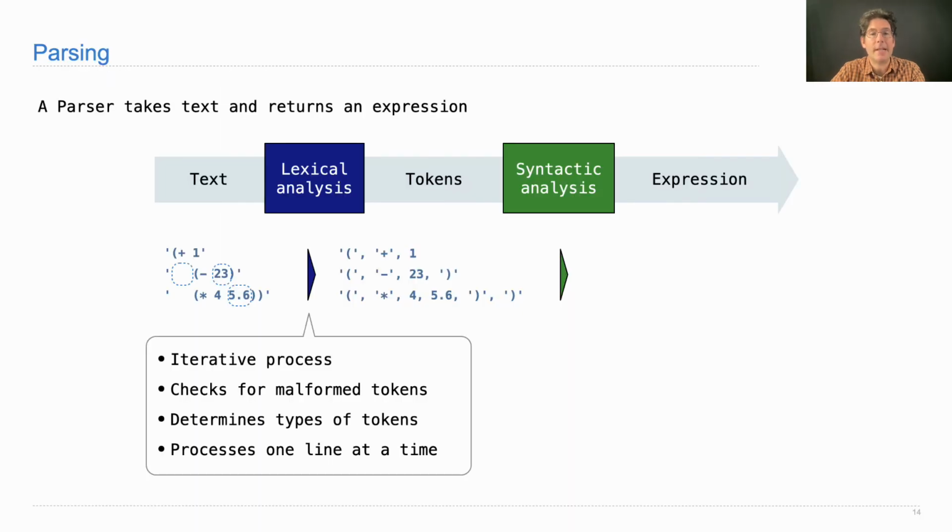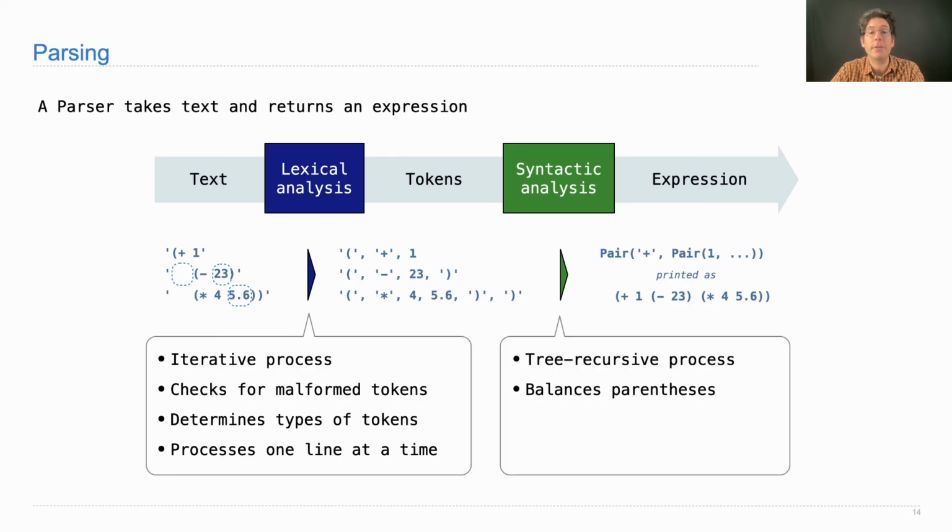Then syntactic analysis puts this into a tree. That's what we just saw. Some pair that has pairs within it that represents the entire scheme list that is this block of scheme code. This is a tree recursive process that tries to balance the parentheses and returns a tree structure. Instead of representing it as a Python tree class, we'll represent it as a pair class.